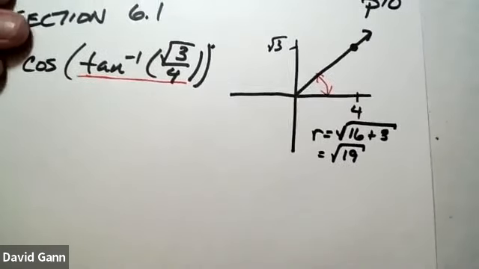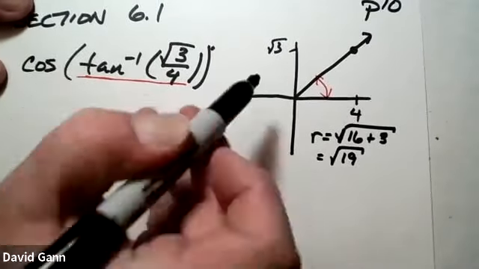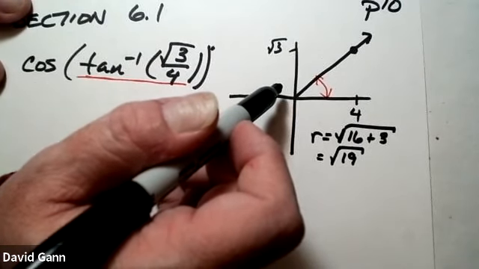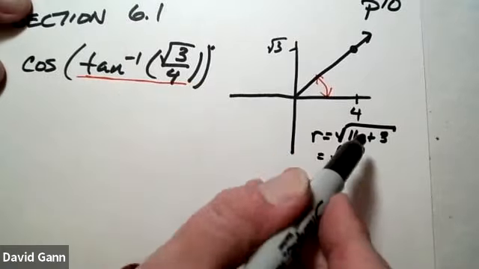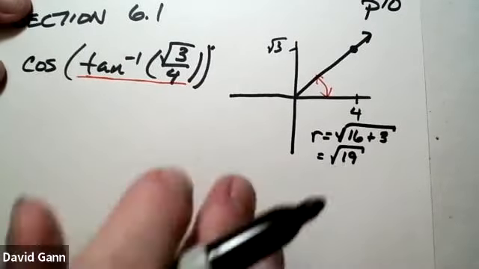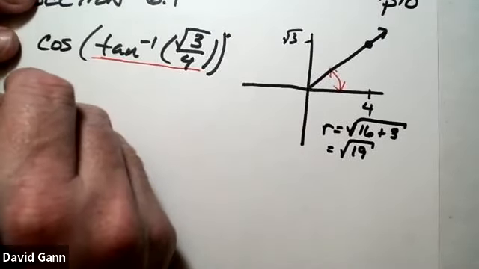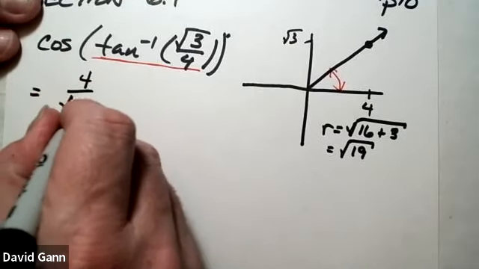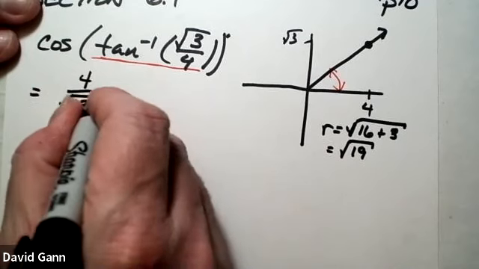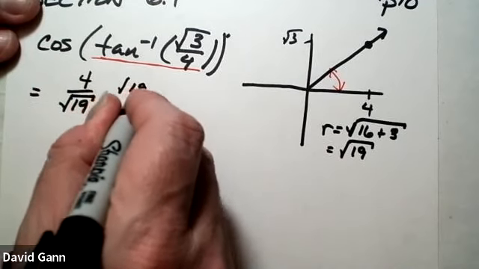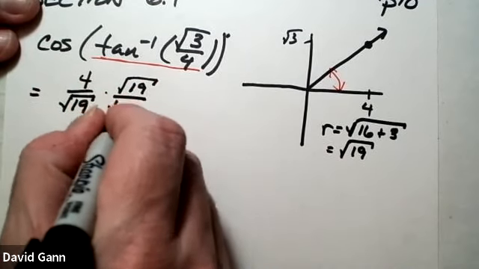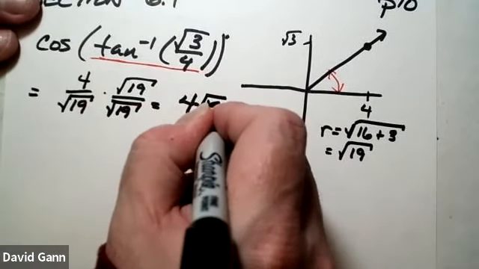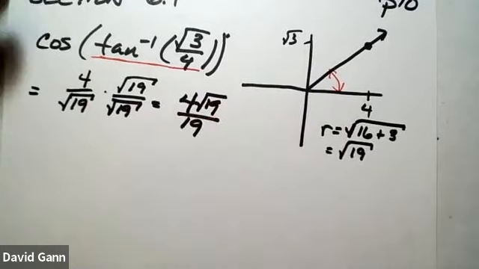And when I take the cosine of that angle, it's just simply going to be x over r, right? So there's my x and there's my r. This is going to reduce down to 4 over square root of 19, which when I normalize it, root 19 over root 19, is going to be 4 root 19 over 19.